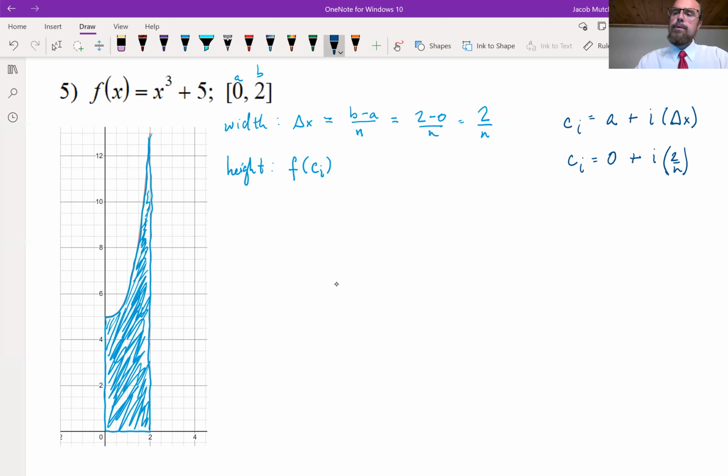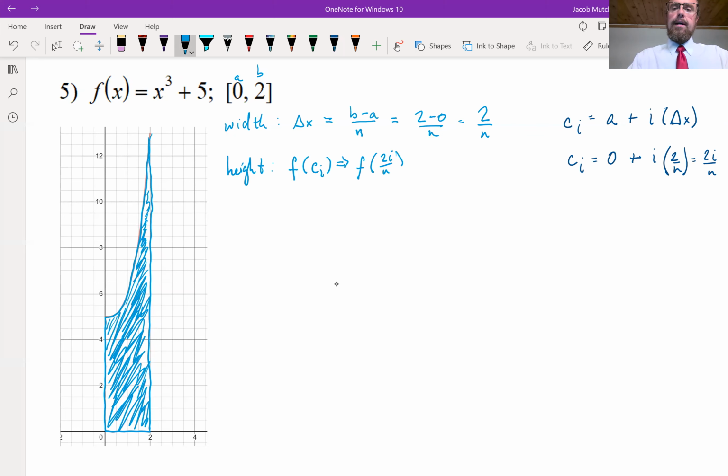So that's going to simply reduce to 2i over n. So the f at c sub i that we want to calculate is f at 2i over n.